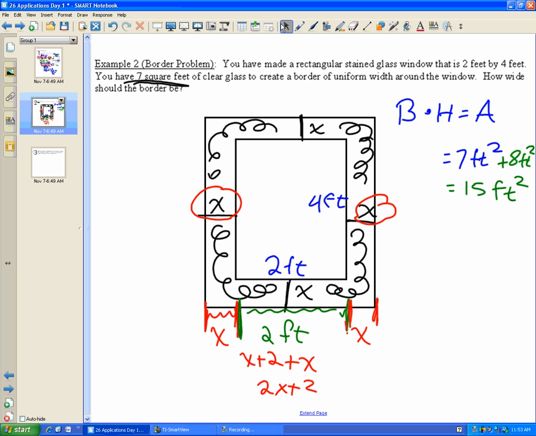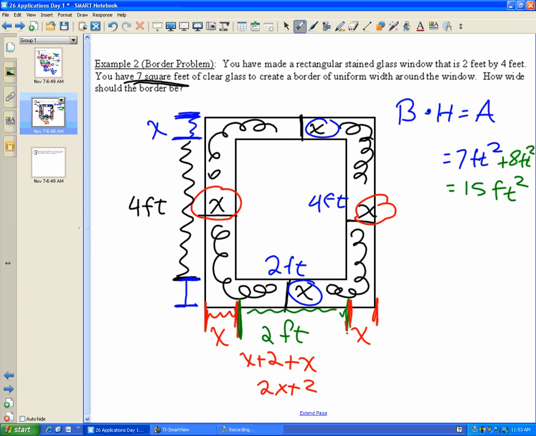Well, what about my height? If my base is 2x plus 2, my height starts here and goes down to here, and I know that that's x. From this center area on down to here, I know that this is 4 feet. And lastly, starting from there and going to the end, I know that this is x again.